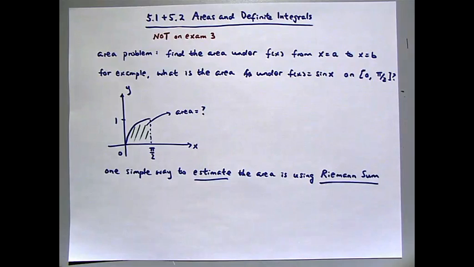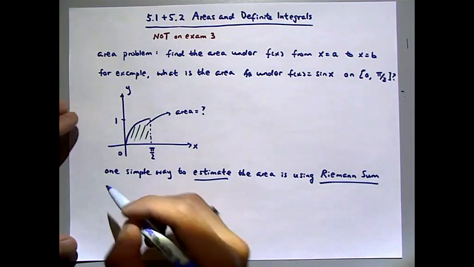Riemann was a German mathematician who lived in the 19th century, did lots and lots of work, and he formulated the algorithm we're about to see. We're not going to be able to find the exact area just yet, but we can use simple geometry to find an estimate of the area, and it's an estimate that we can make as good as we want. Okay? So let me show you the basic idea.